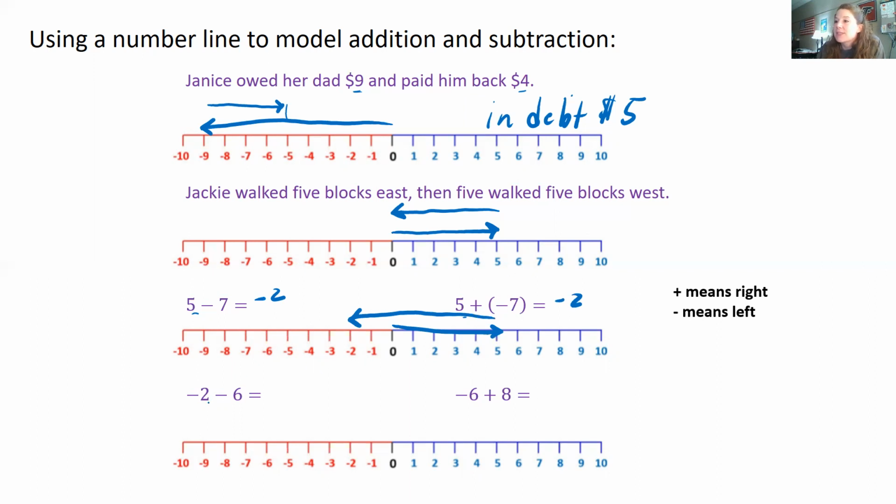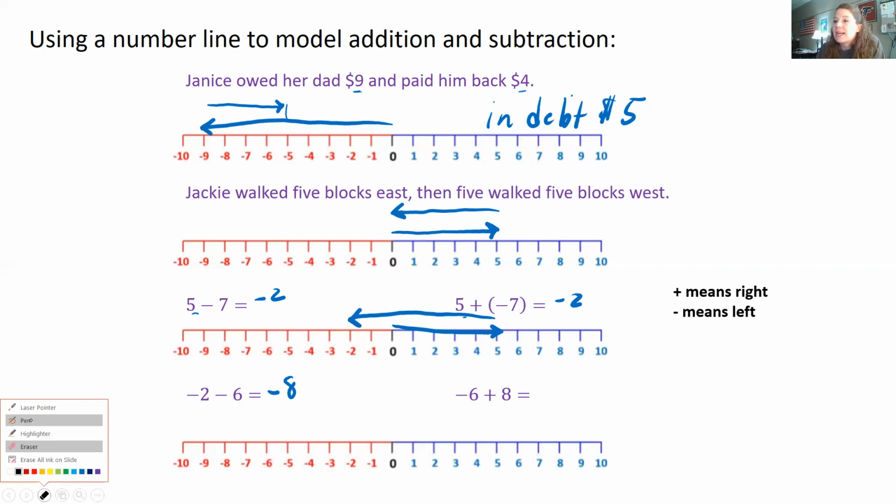All right, let's look at this one. This says start at 0, go left 2. And then this says we're going to continue to go left 6 more. And where do we land? We land on -8. All right, this one, let me erase what we just did.